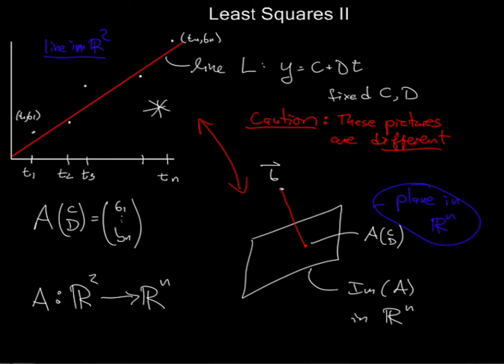It's a very different picture. I suggest you pause here and think a little bit about the difference between these two pictures. Up in this upper left-hand corner we have a plane, and the b's are the y-coordinates, whereas in the lower right-hand corner we have Rn, and the b's are giving you a vector in Rn.